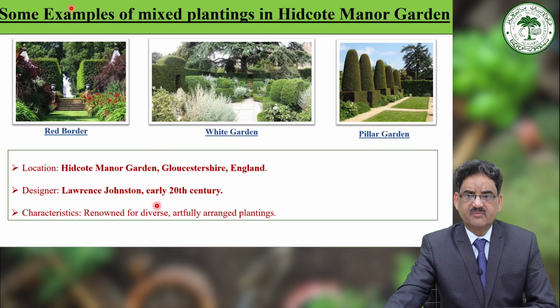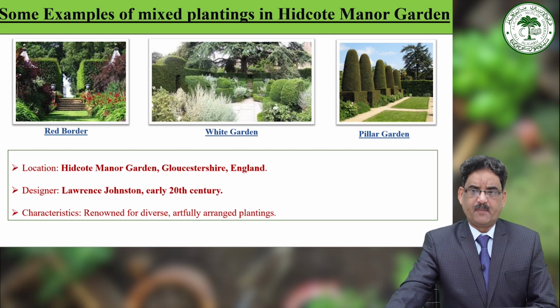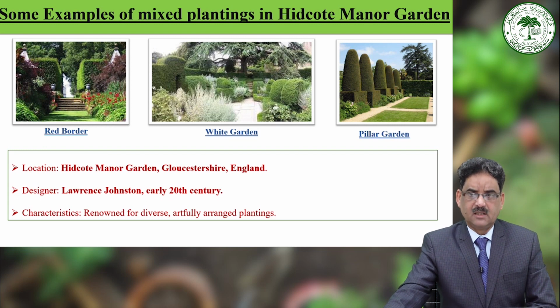These examples from Hidcote Manor garden illustrate the intentional blending of different plants, colors, and textures. That is the characteristic of mixed planting in English style gardens.